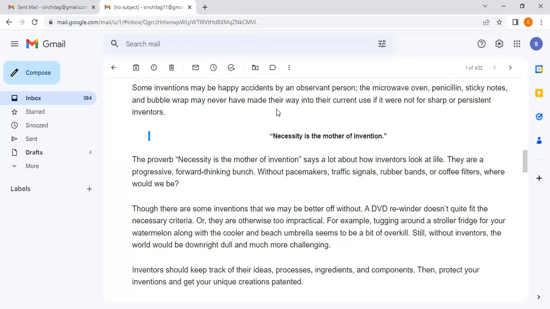Do you know the meaning of penicillin, beta? Penicillin means they are used to treat infections that are caused by bacteria. It's a type of medicine, and it works by killing the bacteria or preventing their growth.